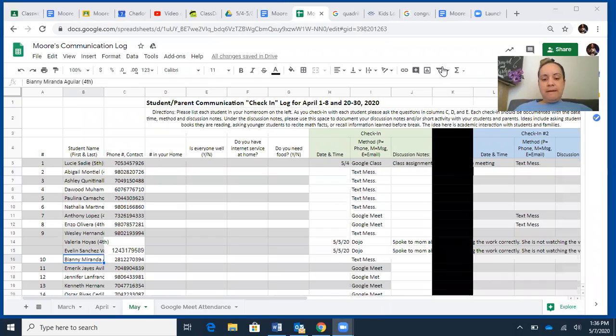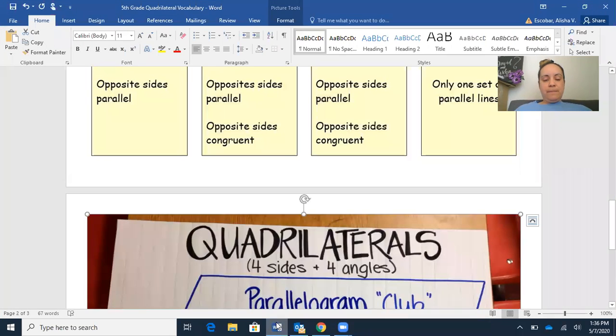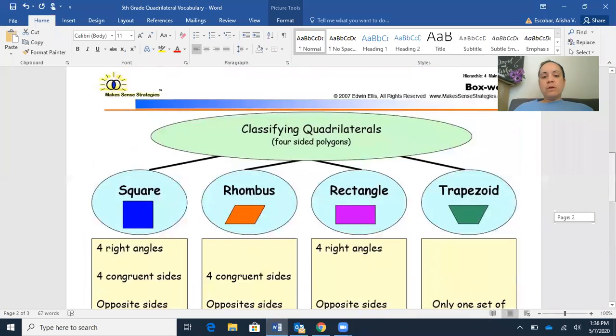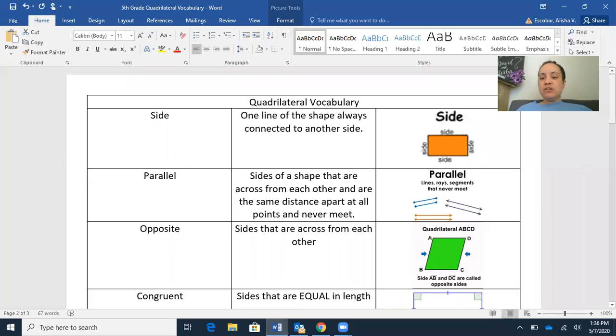All right. First, let's look here. We're going to talk about some quadrilateral vocabulary words first. These are some important words that we have to know what they mean in order to describe the attributes of the quadrilaterals. Remember, a quadrilateral is a shape that has four sides.